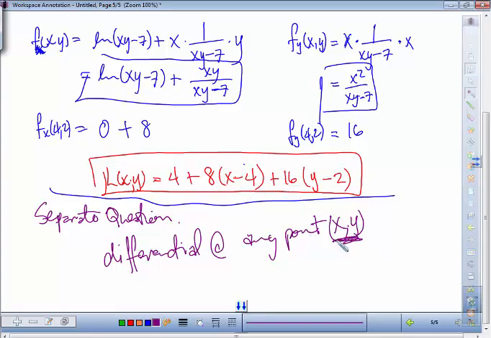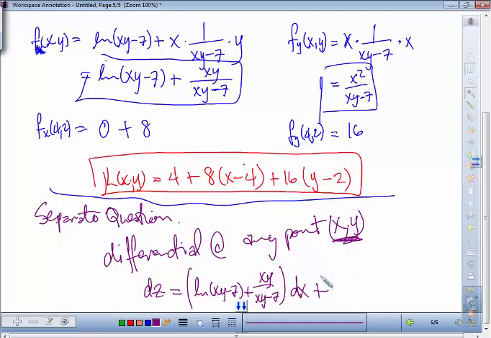But if you want to be generic at any point, then you would actually use the fx of xy. So you would say dz is equal to the fx, which is this whole big thing, ln of xy minus 7 plus xy over xy minus 7, times dx.